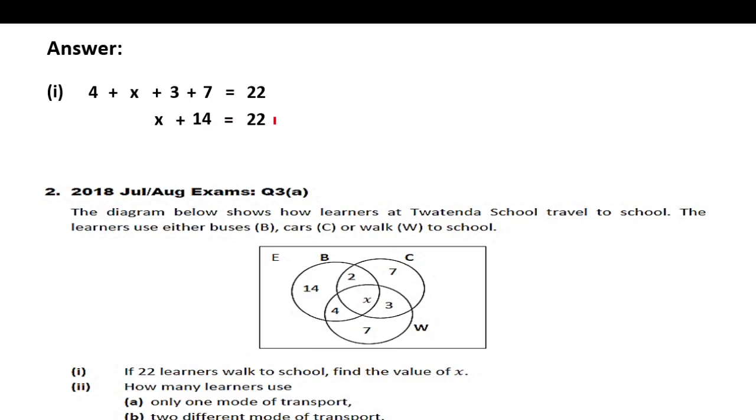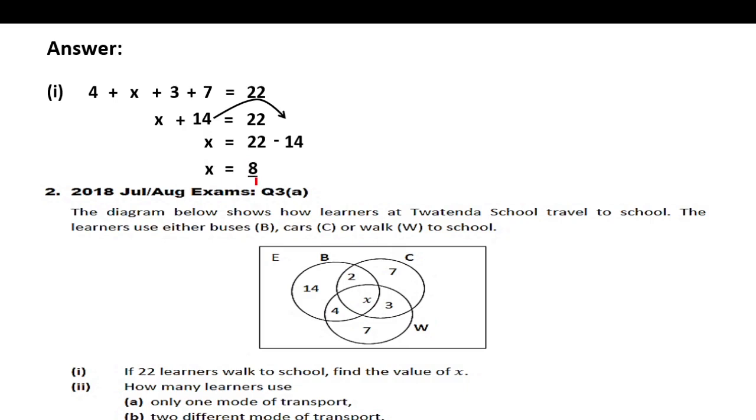Then we'll collect like terms. 14 will go to the other side of the equal sign, and it becomes negative once it crosses. So then we'll say 22 minus 14 will give us our answer, x as 8.